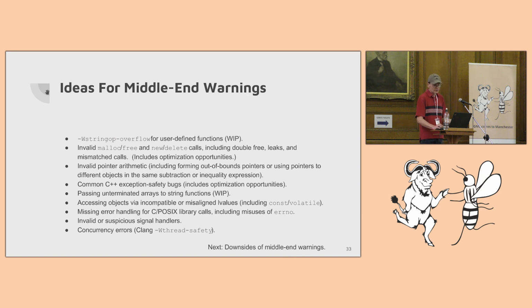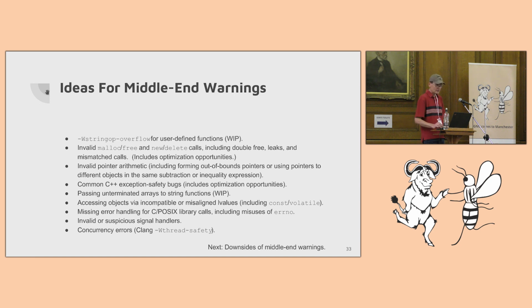Right, so when implementing a new warning, consider introducing annotations to help the compiler see through user-defined functions that are wrappers for library functions, like attribute malloc and alloc_size and so on. Other examples are detecting invalid pointer arithmetic.